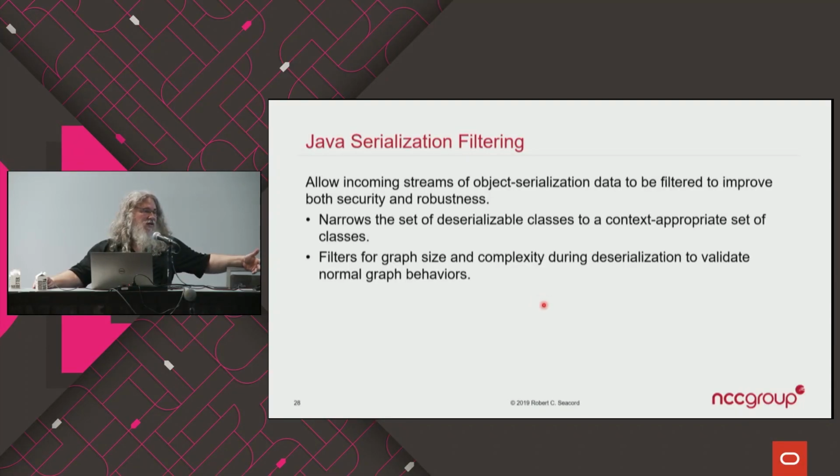That denial of service attack is so small and so simple that you can't set limits small enough to allow deserialization of actual objects and prevent that attack. So filtering for graph size and complexity, for the most part, is an ineffective solution. JEP 290 still has that. You could use it if you like, but don't depend on it for your security. It's not going to prevent these attacks.